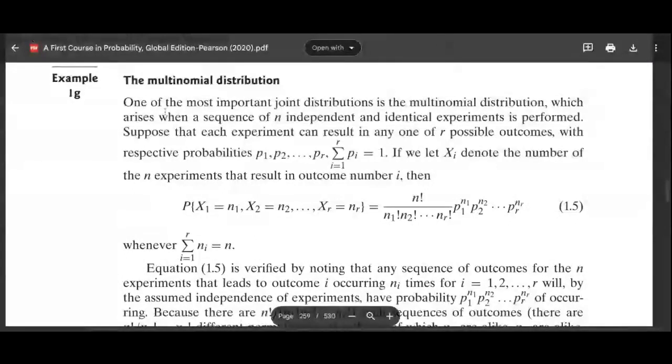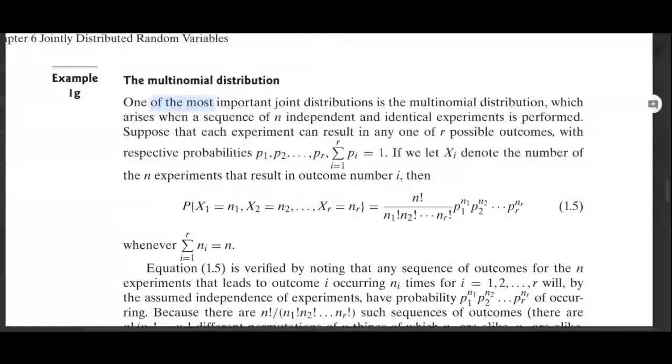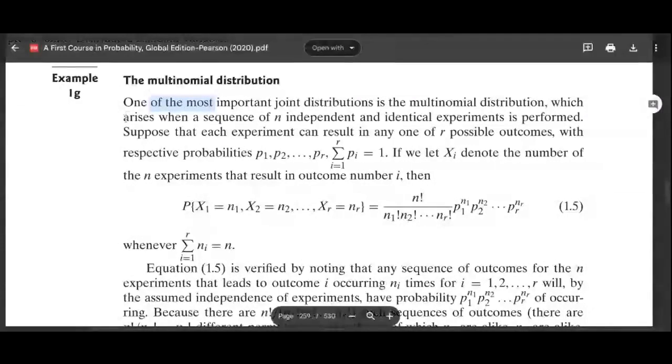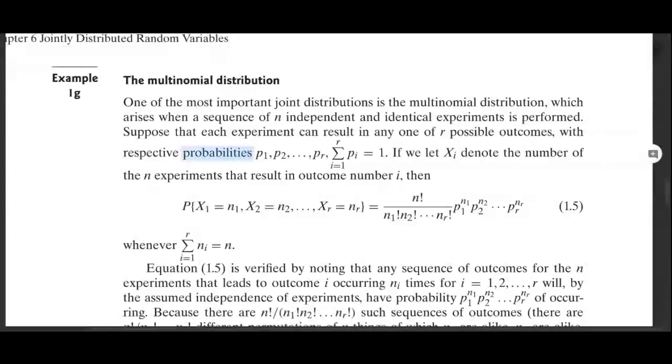So one of the most important joint distributions is the multinomial distribution, which arises when a sequence of n independent and identical experiments is performed. Suppose that each experiment can result in any of r possible outcomes with respective probabilities P1 up to Pr. Because there are r possible outcomes, adding all the probabilities has to equal 1.